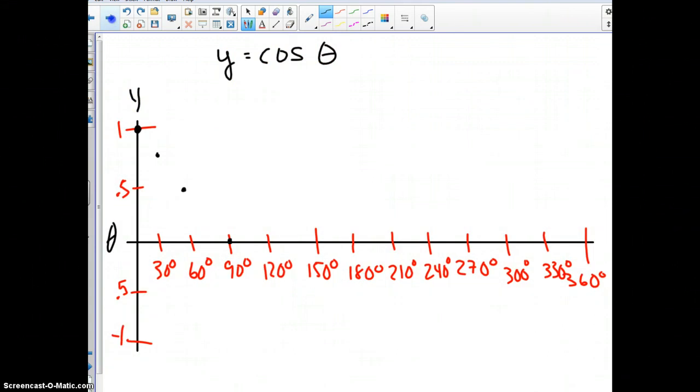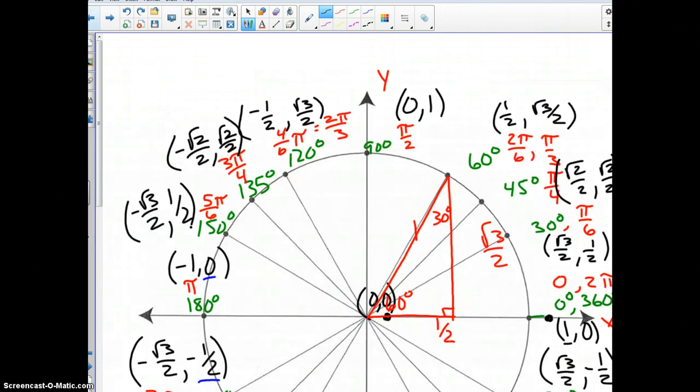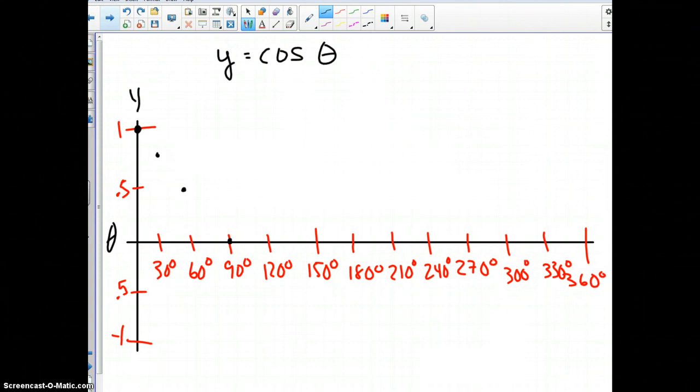Now if you just keep going, thinking through what we had before, at 120 degrees, misspeaking here, the x-coordinate is -1/2.